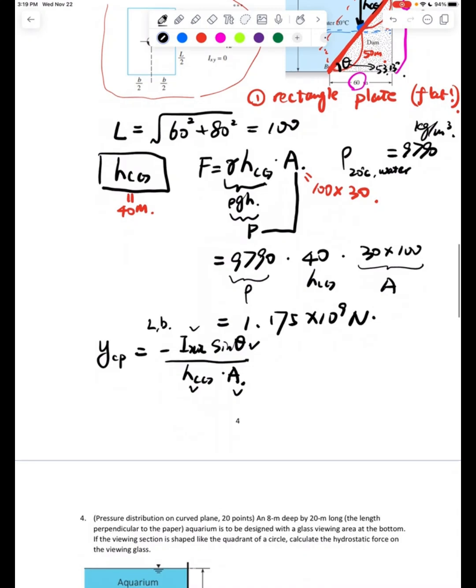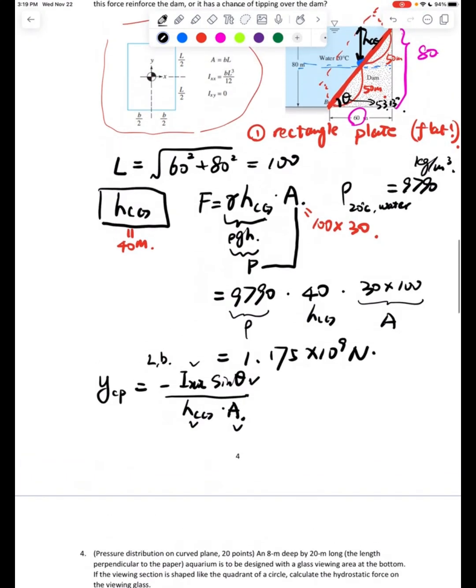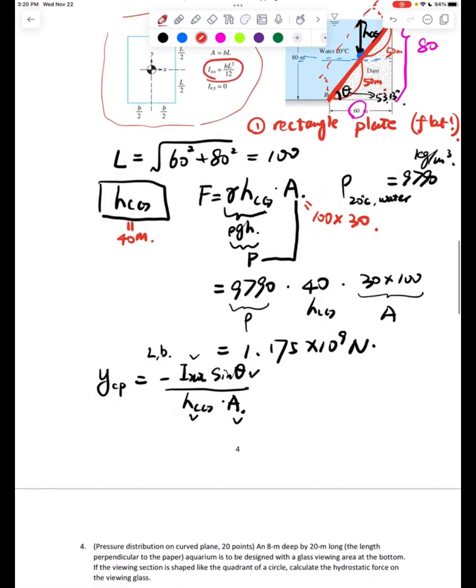So Ixx here equals B L to the third over 12, right? B equals 30, and L equals 100, which we calculated before.